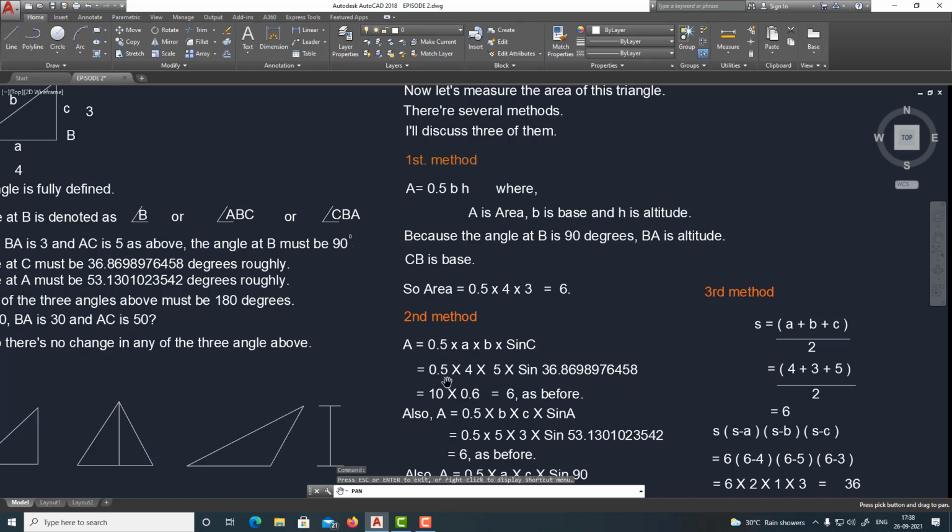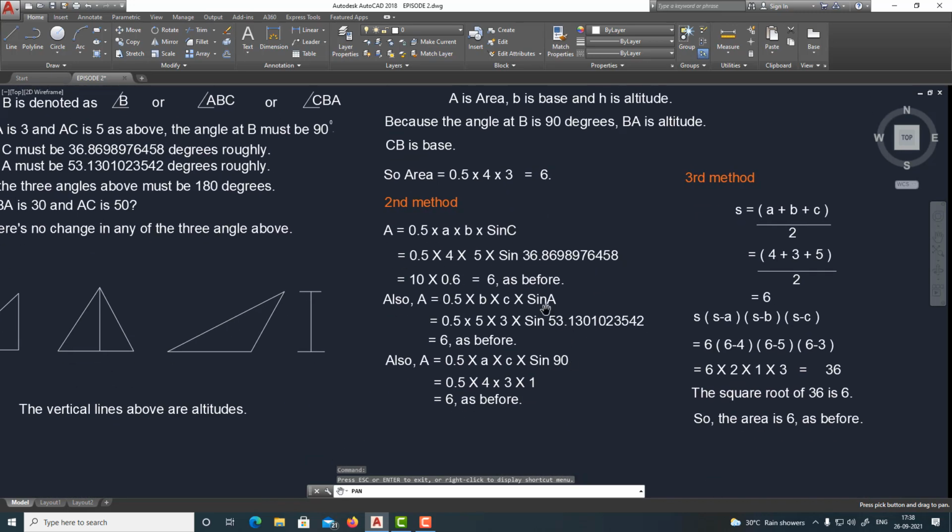So 0.5 into 4 into 5 into sine 36.869897648. So you can calculate the value of this degree with the help of a scientific calculator. That will be 0.6. So 10 into 0.6 is equal to 6. This is just as before.